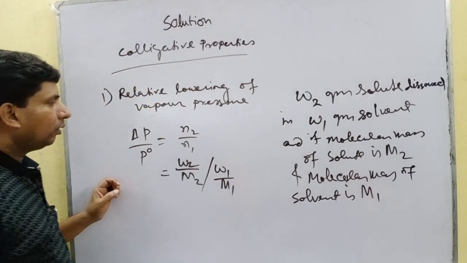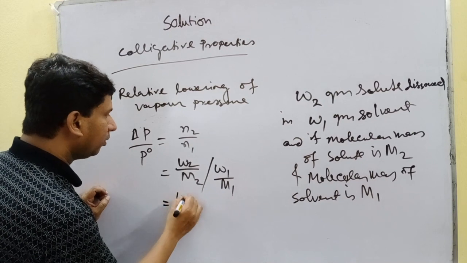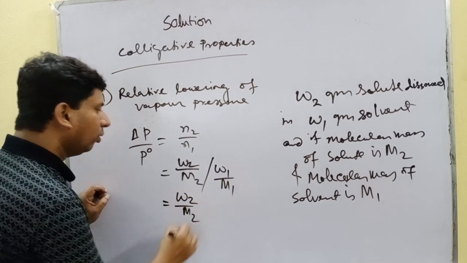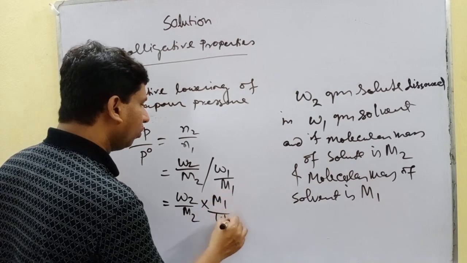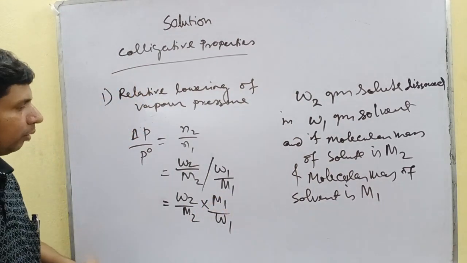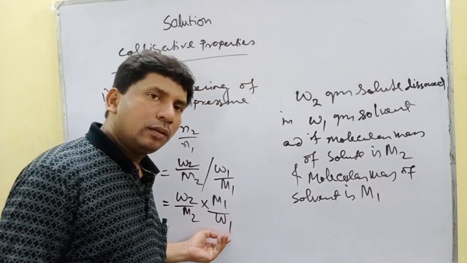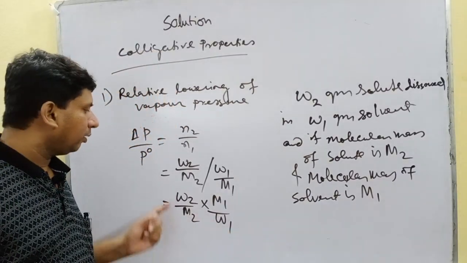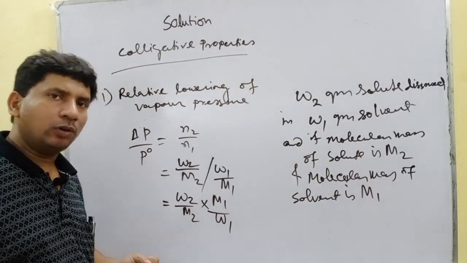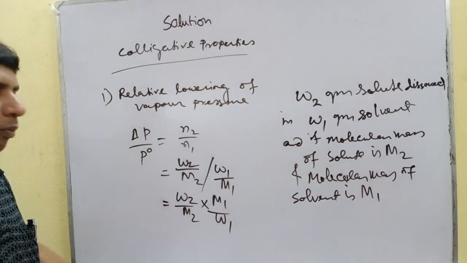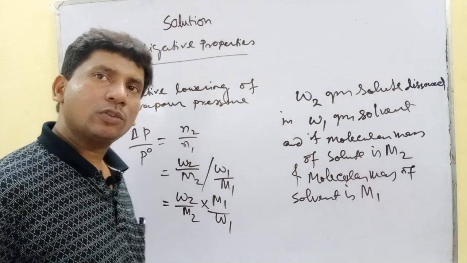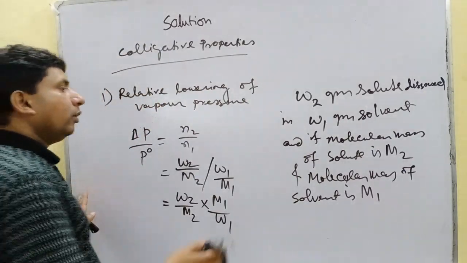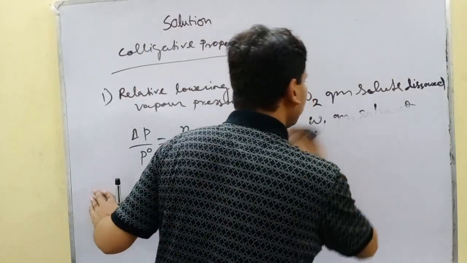Okay, so we can write W2 by M2 into M1 by W1, where W1 is the weight of solvent, W2 is the weight of solute, M2 is the molecular weight of solute, and M1 is the molecular weight of solvent.